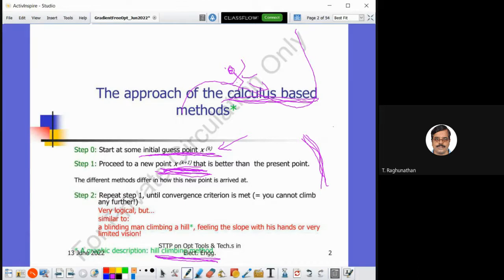That is all it means when we say that we are moving in the direction of minus g, where g is gradient, or first derivative. So that is a summary of calculus based methods: a blind man climbing down the hill with the help of information that he acquired by feeling the slope with his hands or maybe very limited vision.